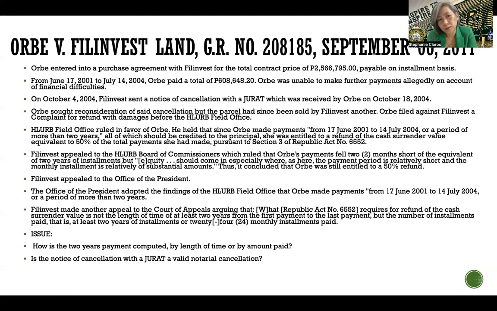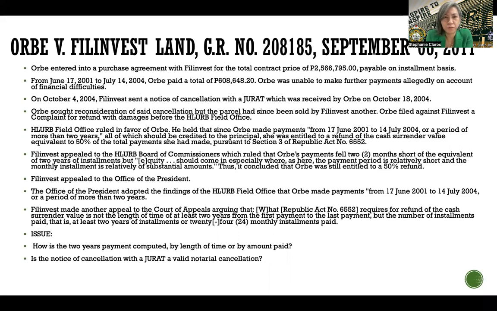So illustrative case is the case of Orbe versus Philinvest Land. So what happened in this case? So in this case, guys, Orbe entered into a purchase agreement with Philinvest for the total contract price of 2.5 million payable on installment.